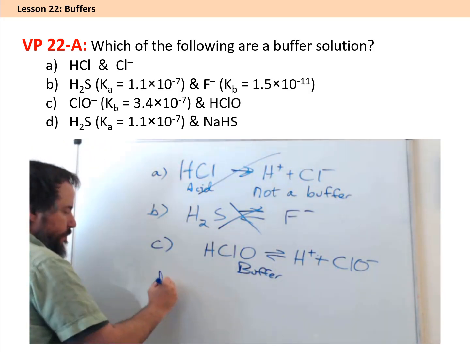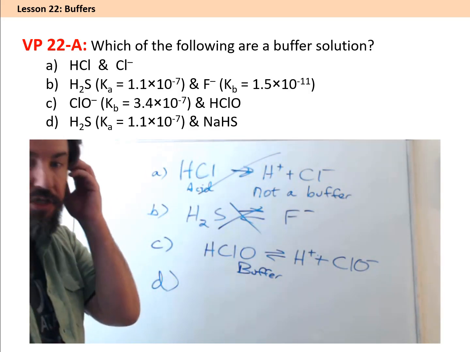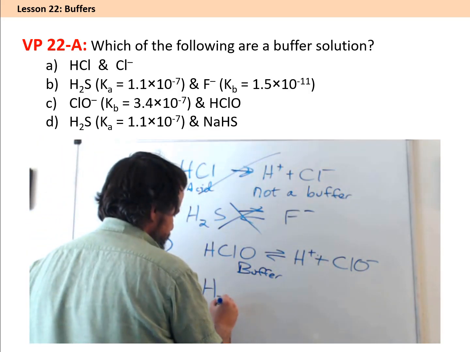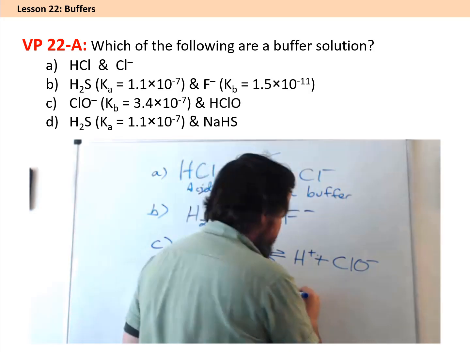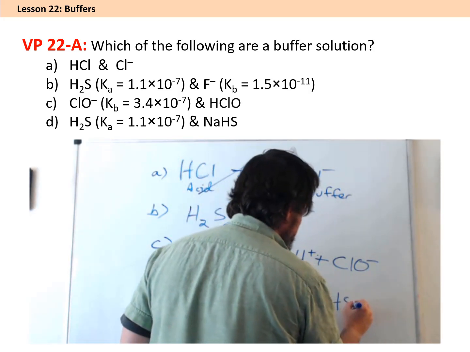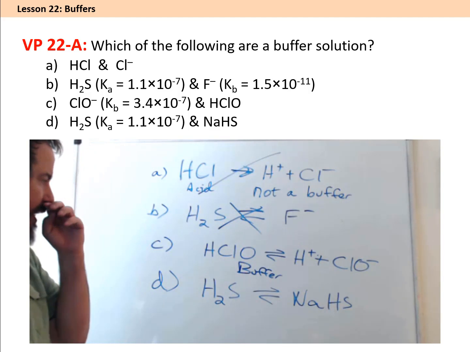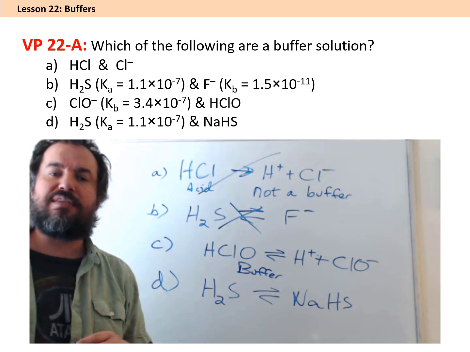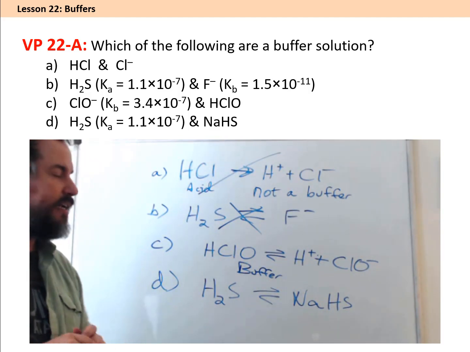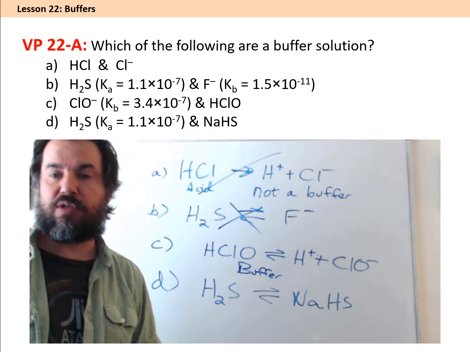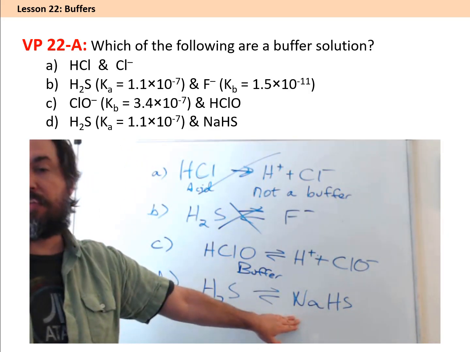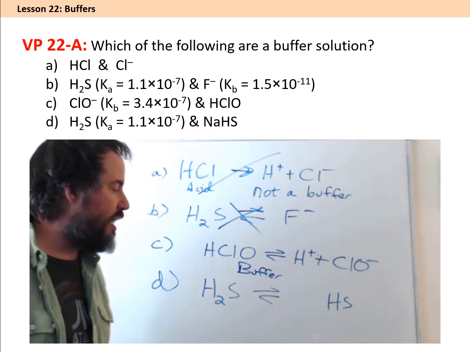All right, D. We have H2S and NaHS. Is this a weak acid, weak base pair? Well, remember what we said. We said that a lot of times we add in things with a sodium salt because everything with sodium is ionic.